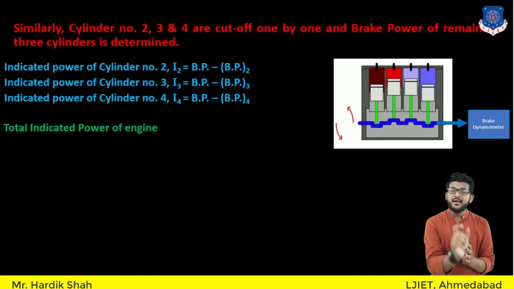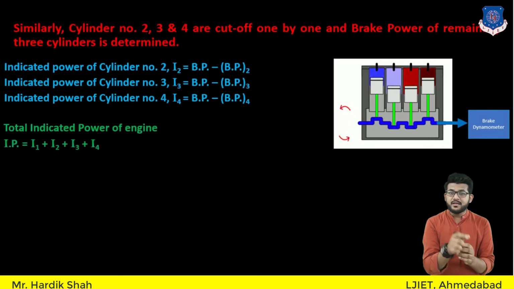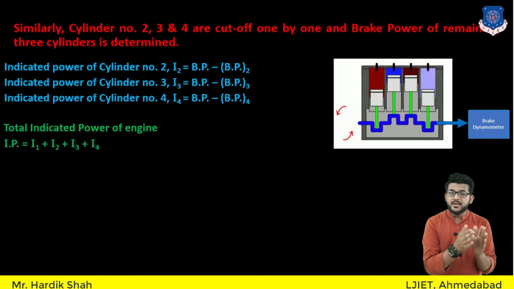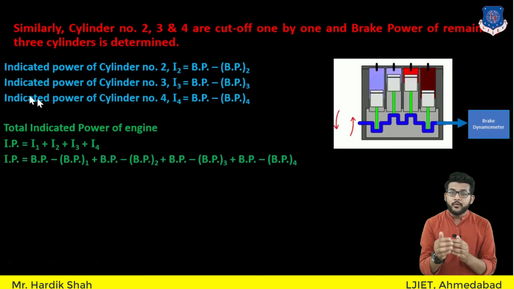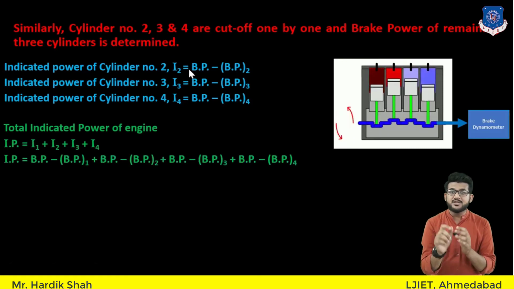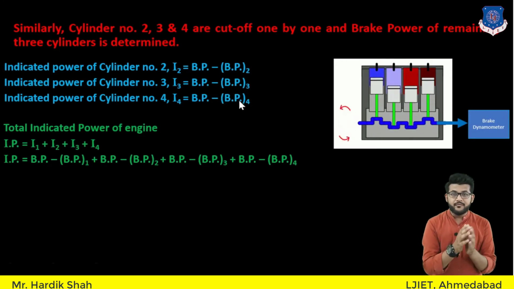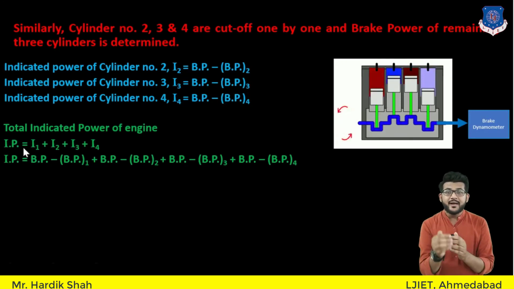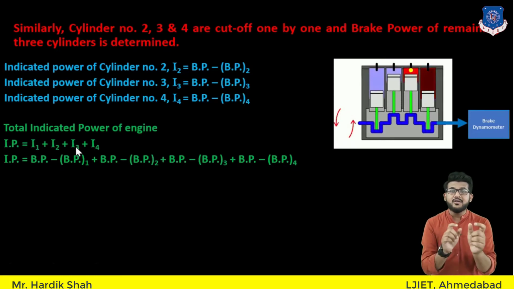So the total indicated power of the engine, as we know, IP is equal to I1 plus I2 plus I3 plus I4. Okay, and now we can put in the brake power, that is, brake power minus brake power 1, brake power minus brake power 2, thereafter BP3, BP4. Okay, because the total indicated power is the summation of all the individual indicated powers.